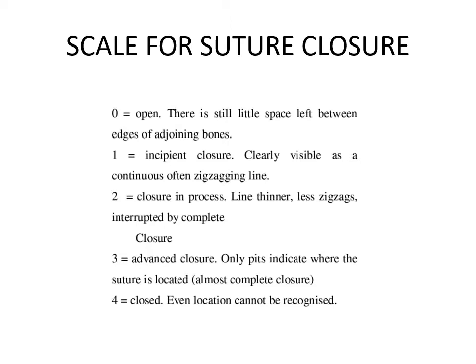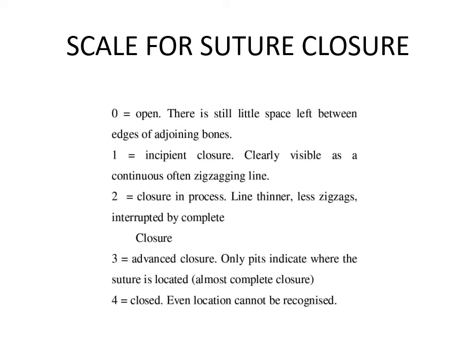Based on these we can estimate the stature of the person, how tall he is. How to deal with such a case is a big question mark for us. In such a condition, to estimate the age and come to a conclusion, some of the parameters which help us are suture closure.